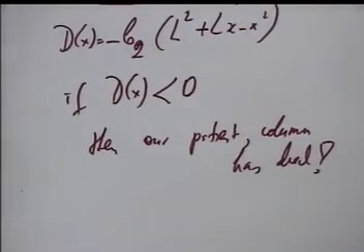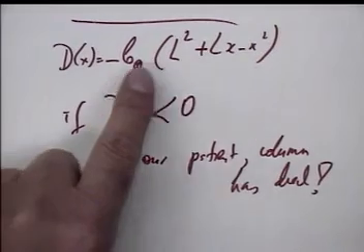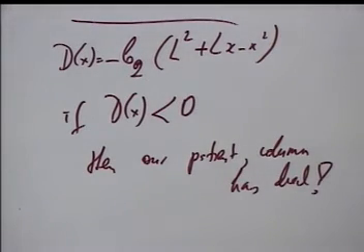Is it right? Because D of x must be a positive quantity, EI. But I have here minus B2. Minus B2 is really very bad information. Unless, what should we demand? How to make this positive?